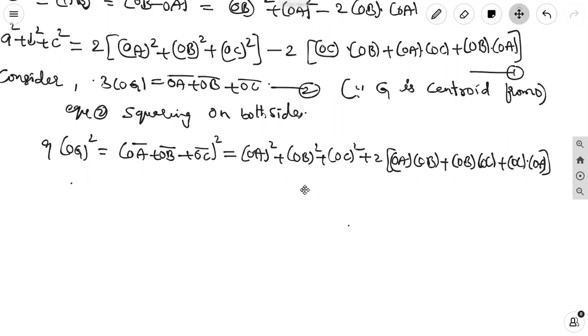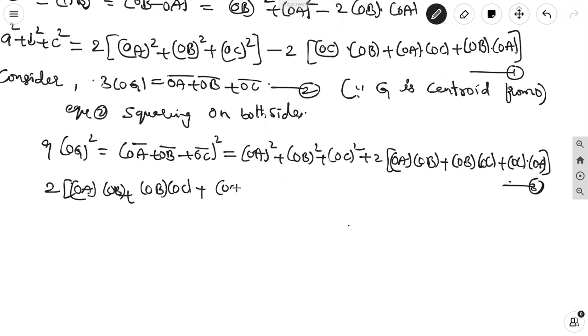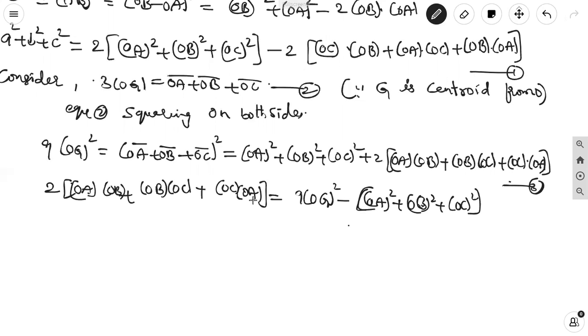From the second, third equation, 2 into (OA into OB plus OB into OC plus OC into OA) is equal to 9 into OG square minus (OA square plus OB square plus OC square). Let it be equation 3.